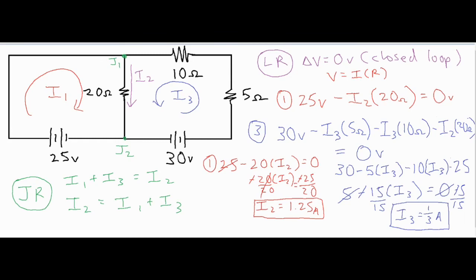And then my I1 is the one that I haven't gotten yet. That's where I'm going to slide over here and go back to my junction rule. And now I have my I2 and my I3. So I can plug in both of those values, and then it'll be pretty simple to solve for my I1.